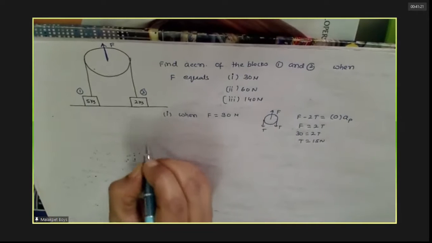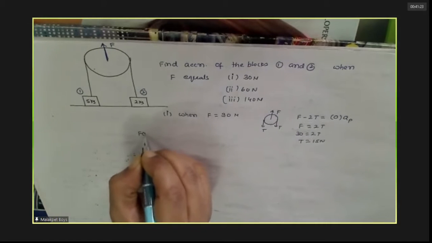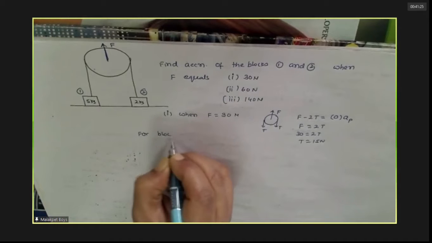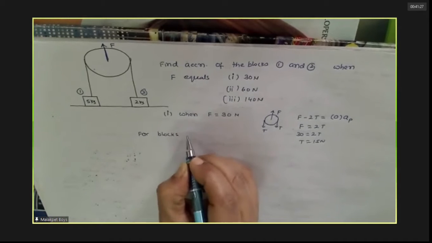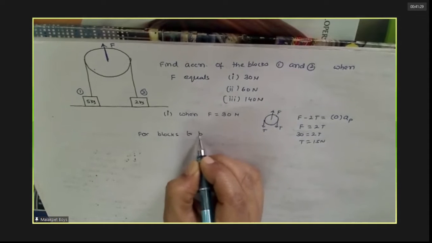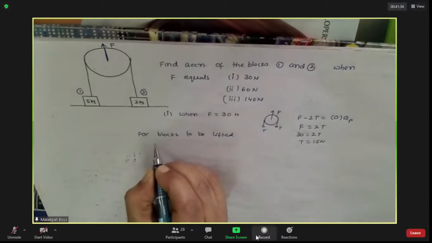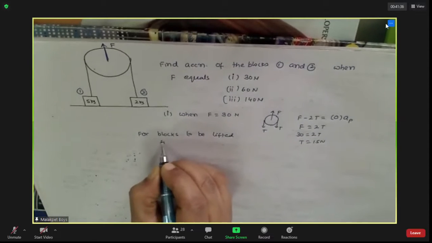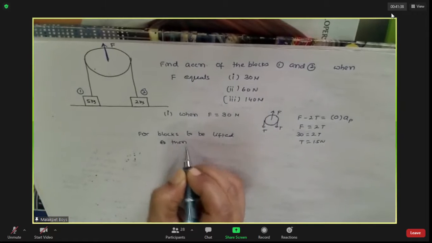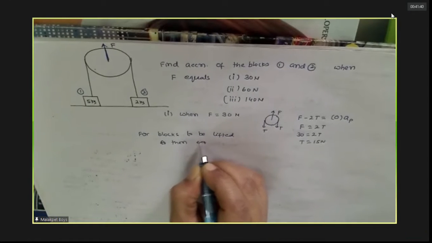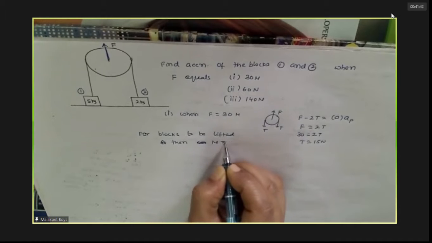Now let us see, for the block to be lifted, what should be the contact force? Normal contact force should be 0, no?